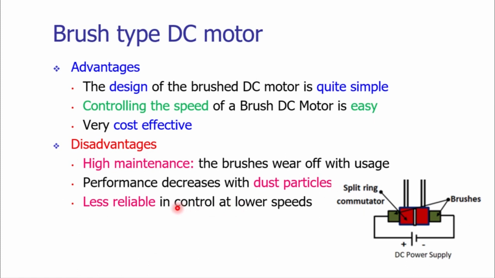DC motors are also not that reliable at lower speeds. They are okay with moderate or medium speed applications, but when we want a precise low speed application, the performance of the DC motor is not that good.